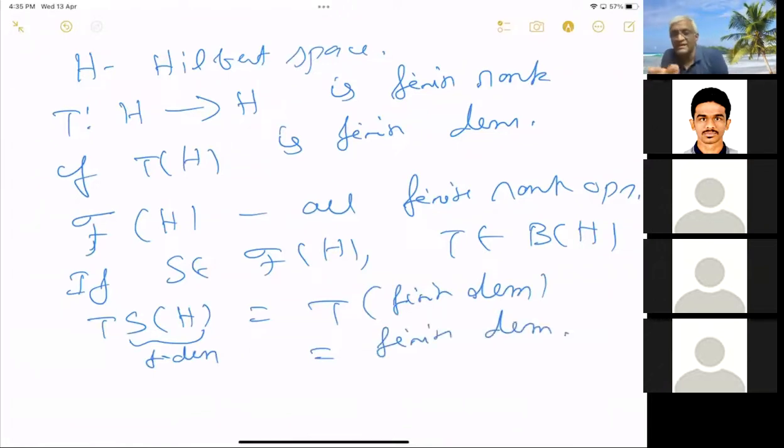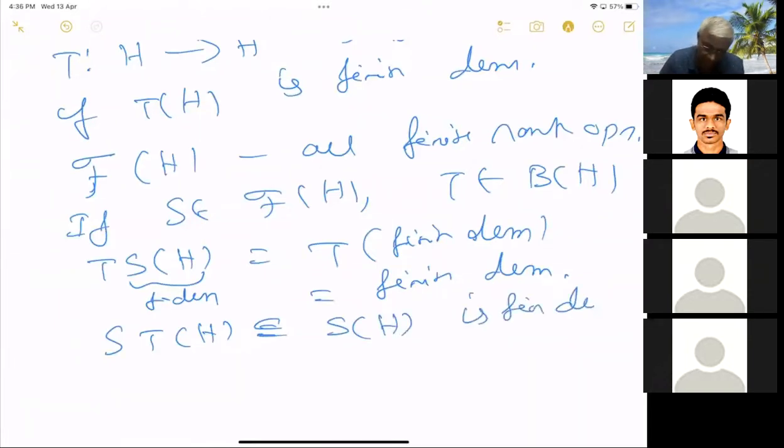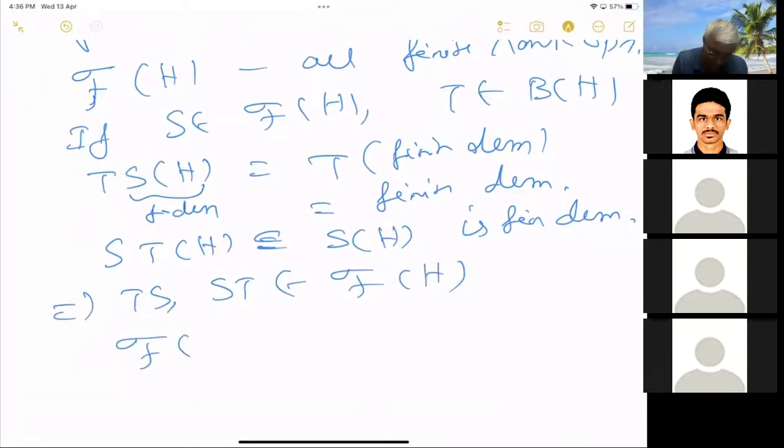If you have any linear operator, it will take a finite dimensional subspace to another finite dimensional subspace. On the other hand, ST of H is contained in S of H, so this is finite dimensional. This implies TS and ST are finite rank operators. So F(H) contained in B(H) is a two-sided ideal.